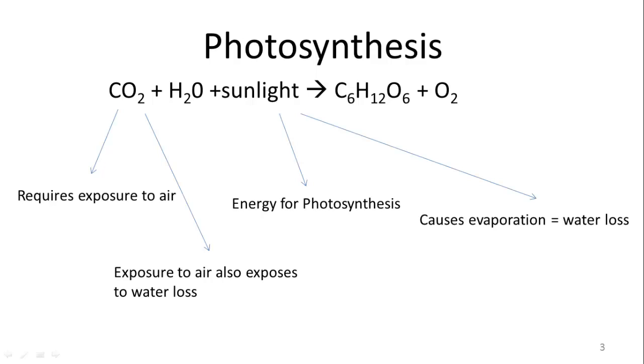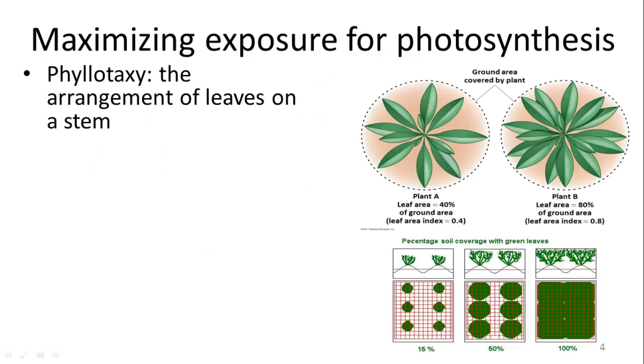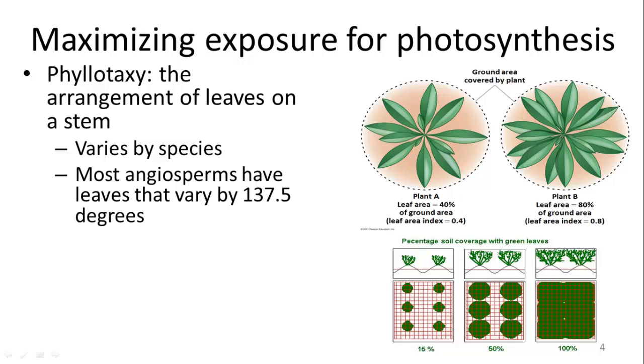So plants will expose their leaves, depending on the area, at different arrangements. This is called phyllotaxy, the arrangement of the leaves on a stem. Now, if a plant wants to increase the surface area of the leaf and its exposure to the sun, it will arrange its leaves accordingly.